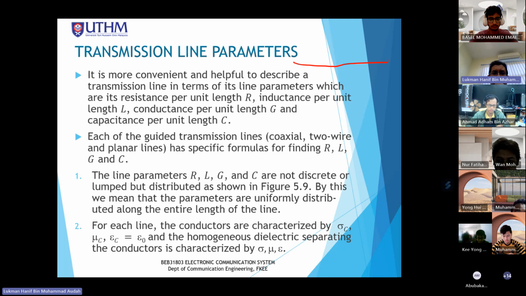And we have seen the transmission line parameters. The transmission line or the wire, the cable, can be represented in terms of lump elements, in terms of resistance, inductance, capacitance, and conductance. We can draw the transmission line in terms of these lump elements.